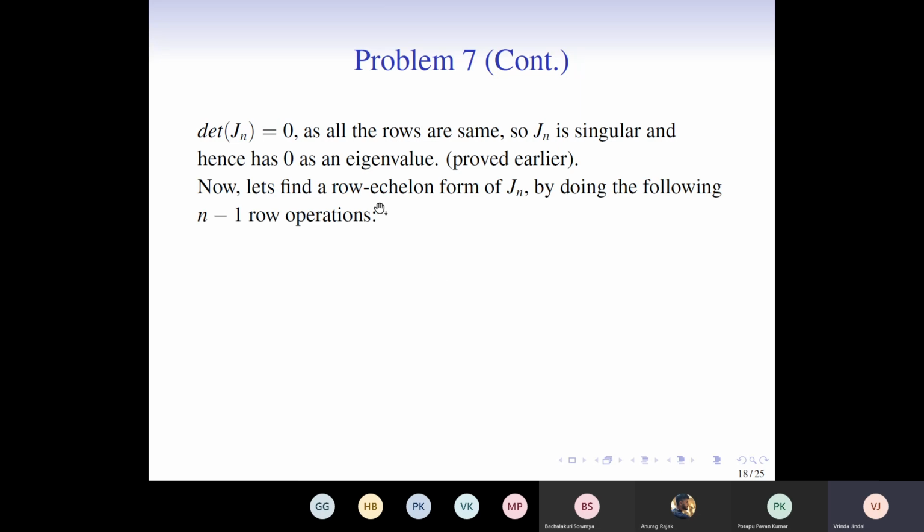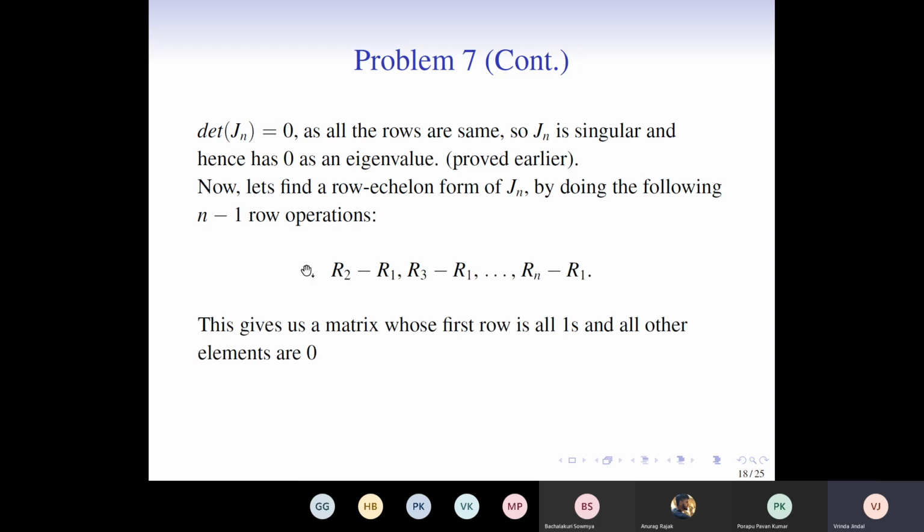Now let's try to find the row echelon form of J. We need to subtract row 1 from all the remaining n minus 1 rows: row 2 minus row 1, row 3 minus row 1, and so on.